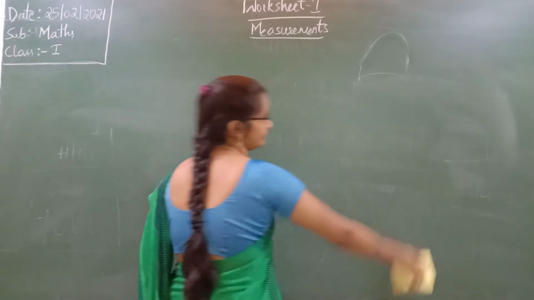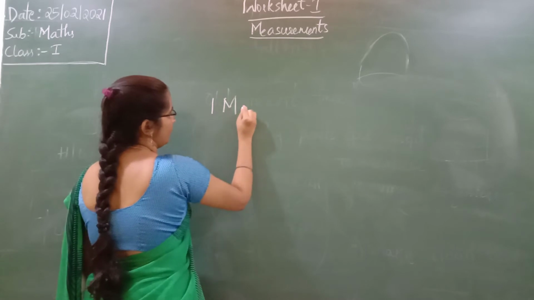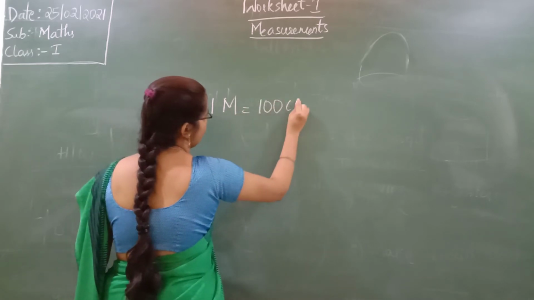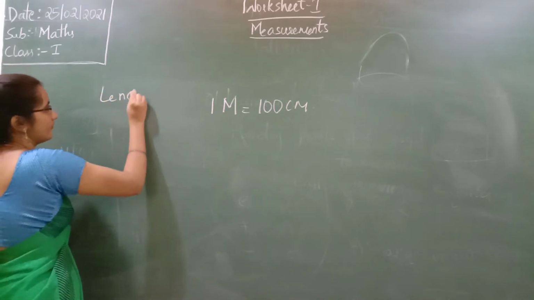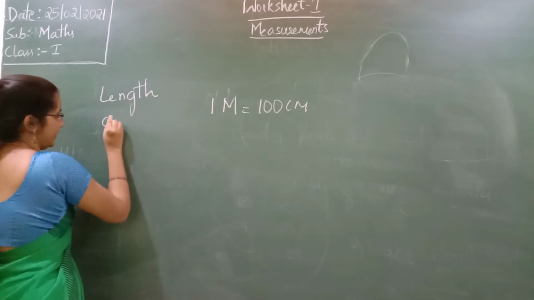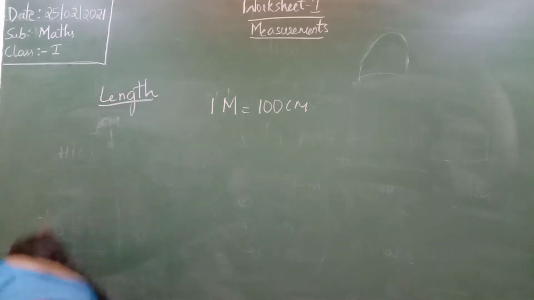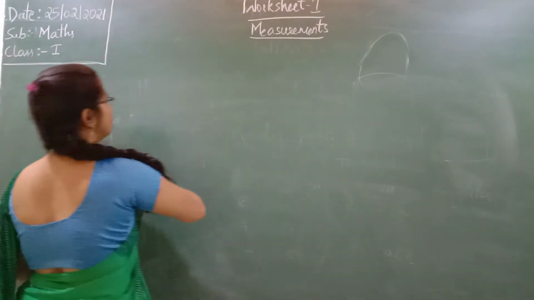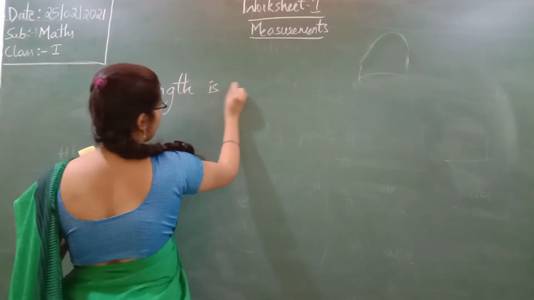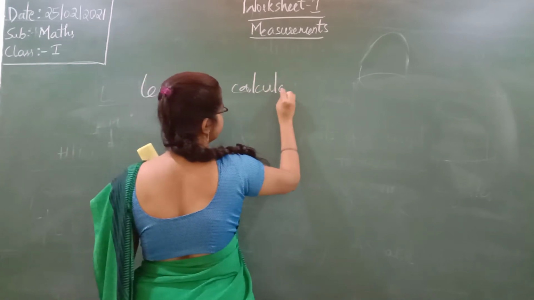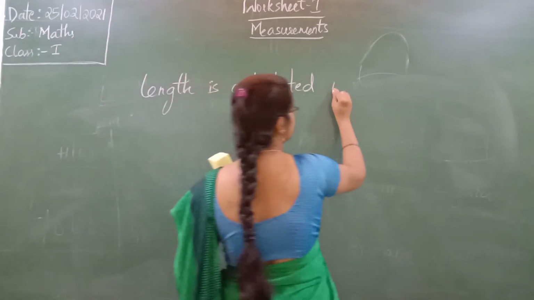Next, see here, we have learned 1 meter equals 100 centimeters, and I am saying that length is calculated in centimeters. Length is measured with what units?